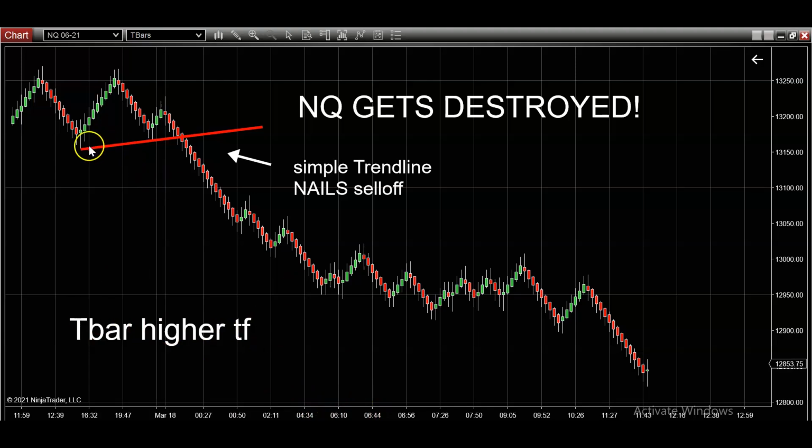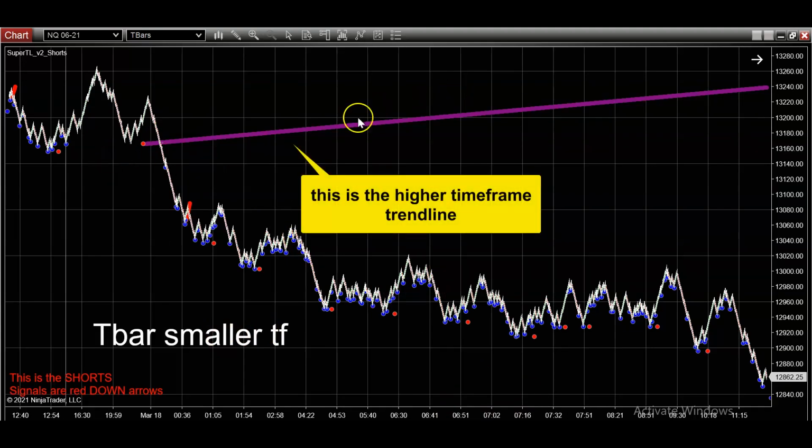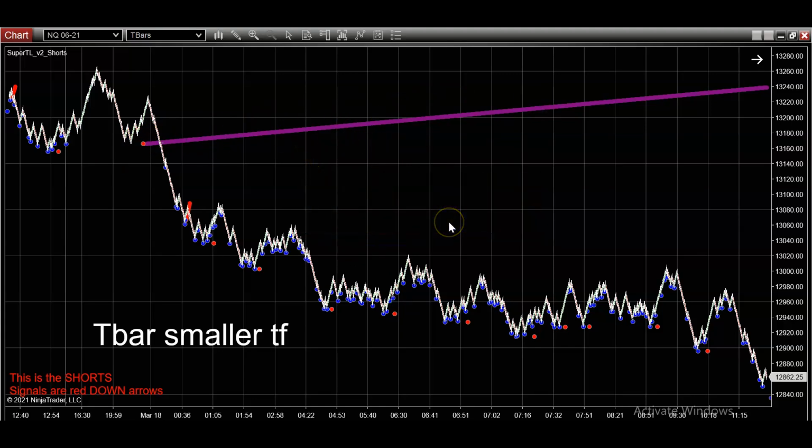Make sense? So this trend line here that was drawn on the higher time frame chart has now been populated into the smaller time frame chart, and it's the same trend line, right? All we've done here, guys, is we've drawn that master trend line into the slave chart. That's all we've done.